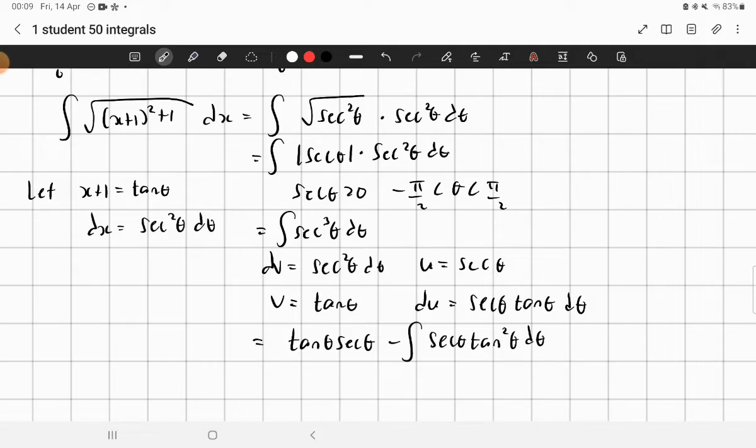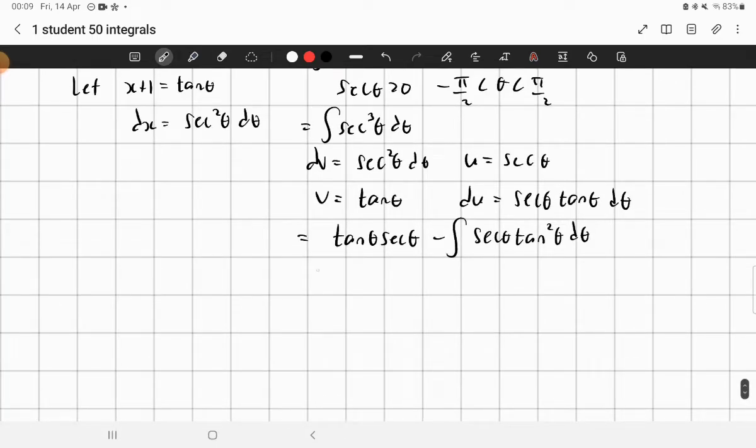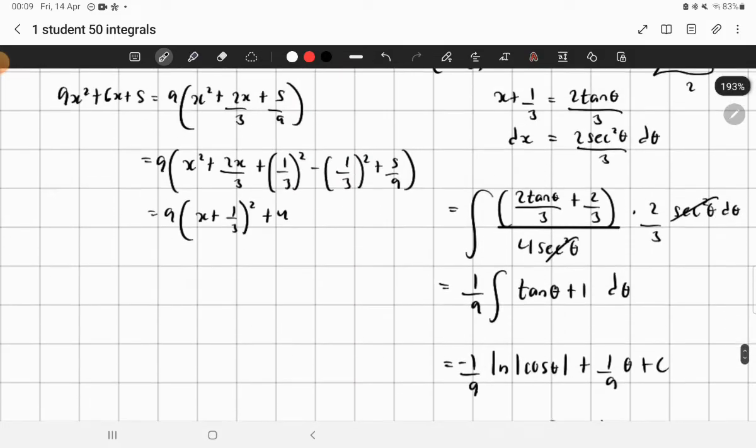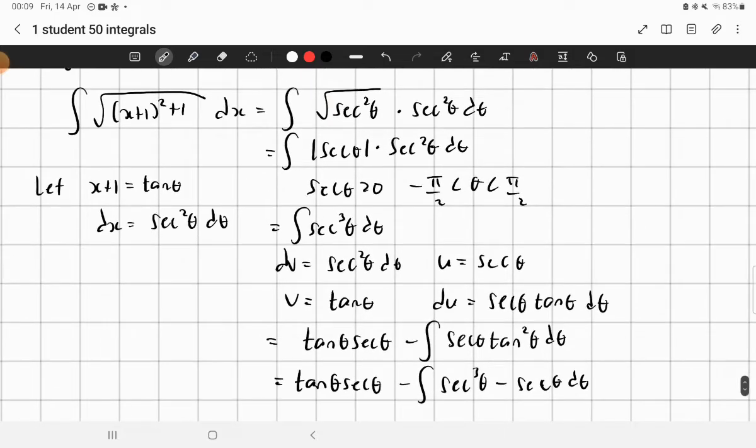And I believe that this particular integral, when you expand the second term, you will have secant cubed theta minus secant theta d theta. So the cool thing is that we know this is the same thing as the previous one. So this one is the same as this.